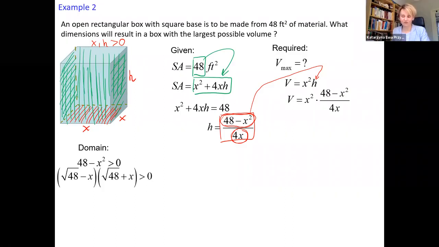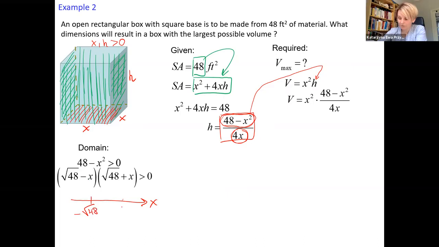And I think I factor it this way. We can also solve this inequality through the zeros, square root of 48 and negative square root of 48. Actually, we can look at this form, a quadratic, a parabola opening down because its leading coefficient is negative.